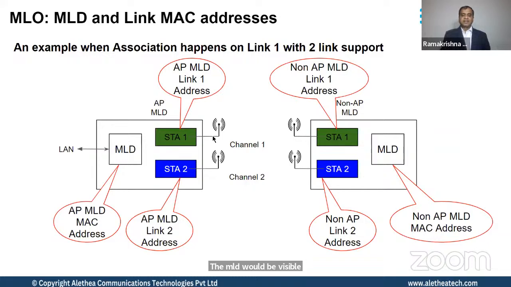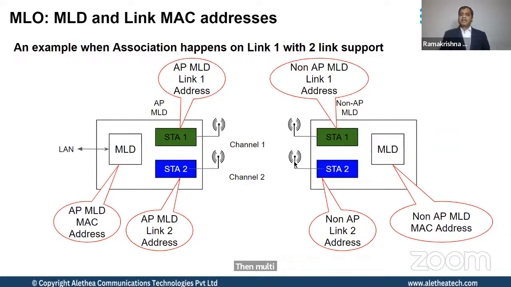The link addresses should not come into play. It is possible that some device may implement MLD in such a way that these 2 addresses are the same, but in general, that's not going to be the case. So please note, it's allowed, but the MLD MAC address would be different from the link addresses in most cases.